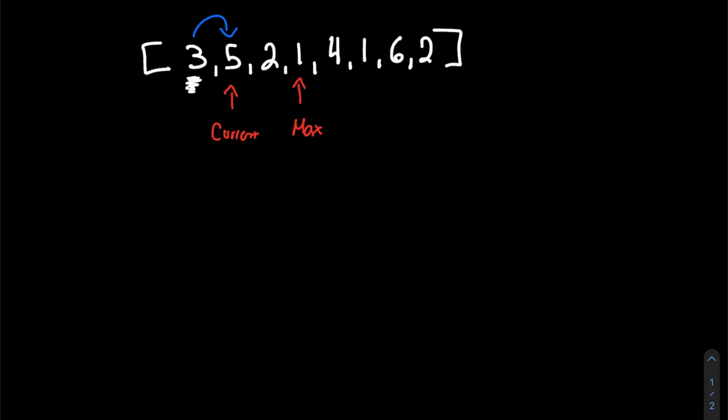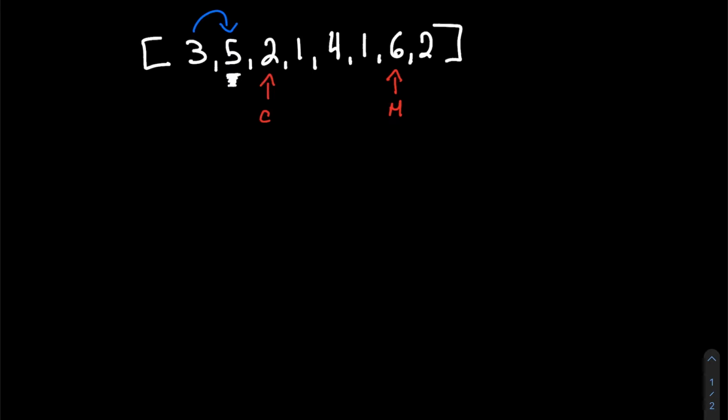So now 5 is going to be our current number. Now we have a new set of possibilities. We have 2 and we have 6. And from this subarray, our furthest one happens to be our biggest integer within the subarray. And so from 5, we can jump all the way up to 6.